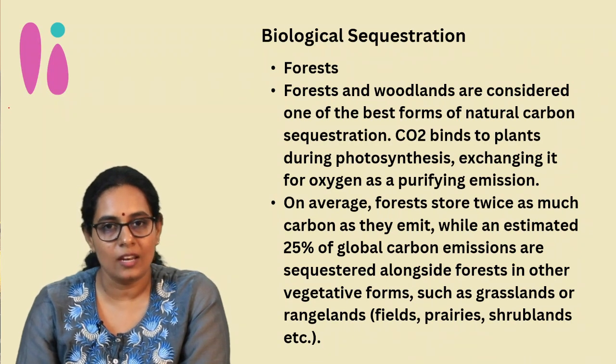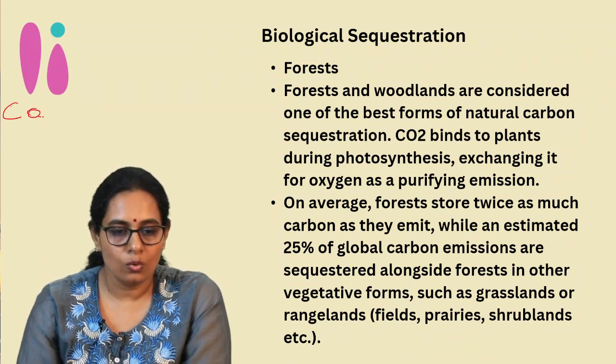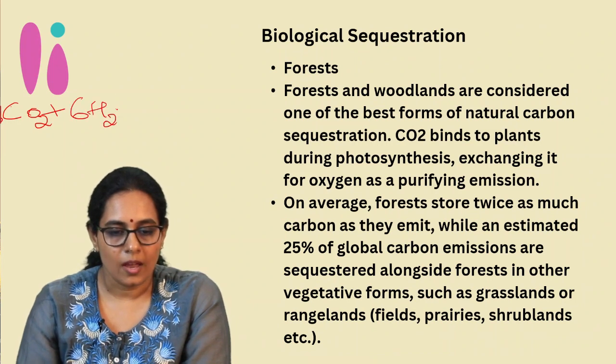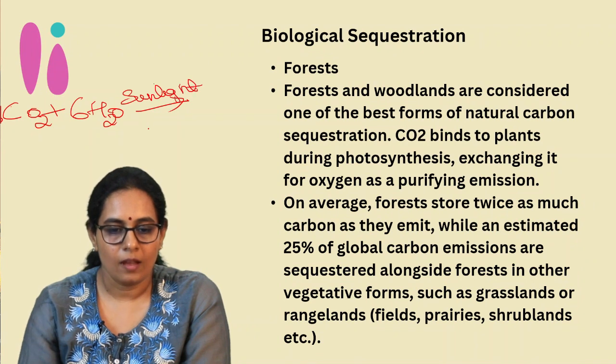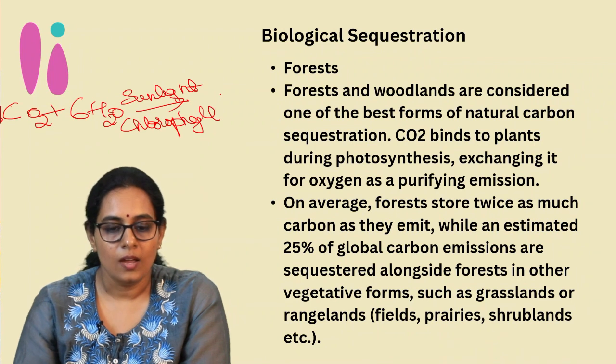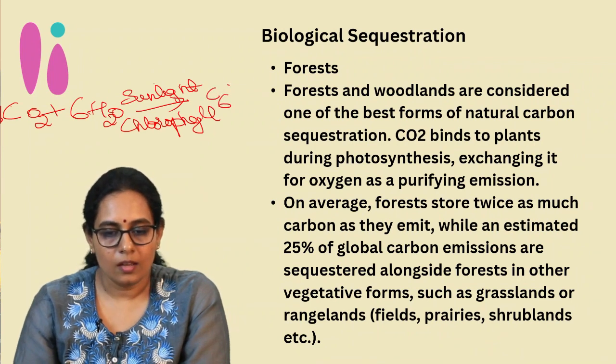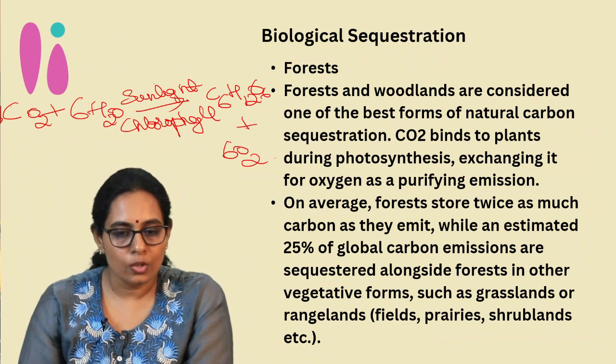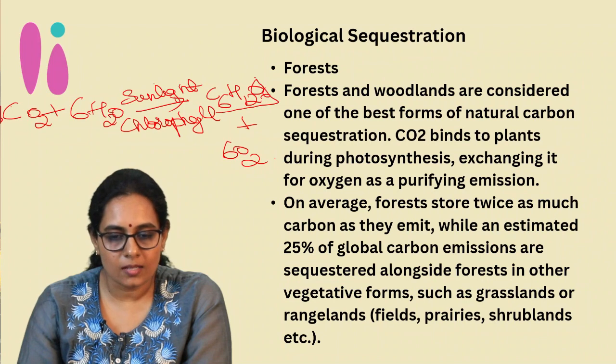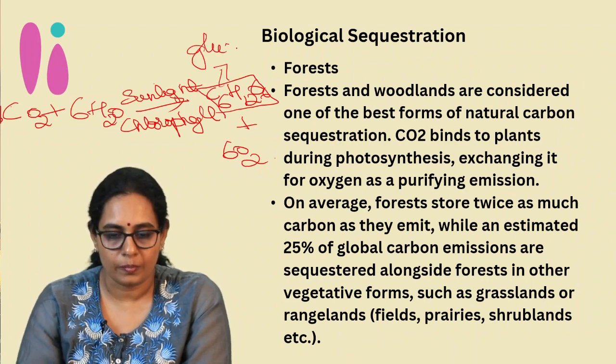Let us just quickly look at it. 6CO2 plus 6H2O in the presence of sunlight and chlorophyll gives C6H12O6 plus 6O2. So you can see that the plant is converting carbon into starch or glucose.